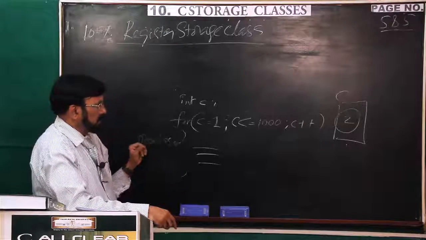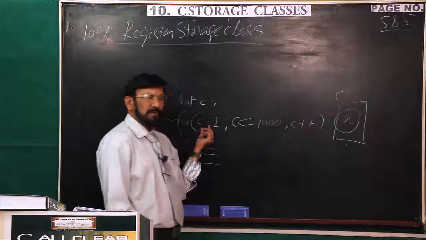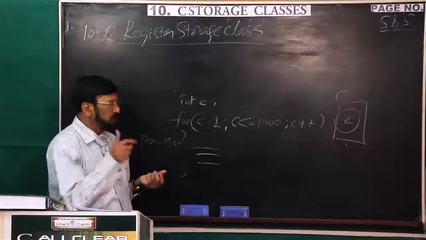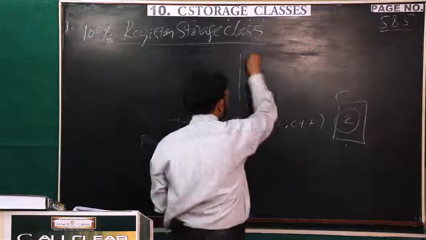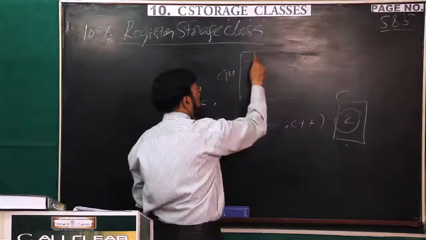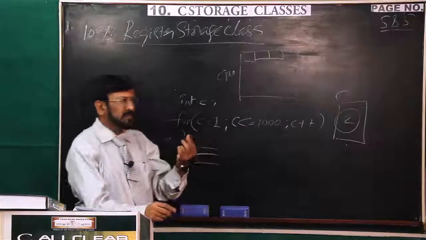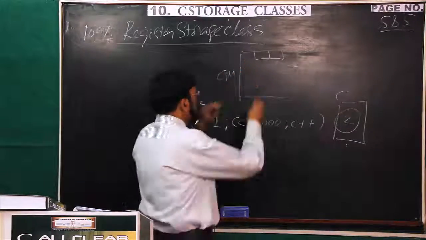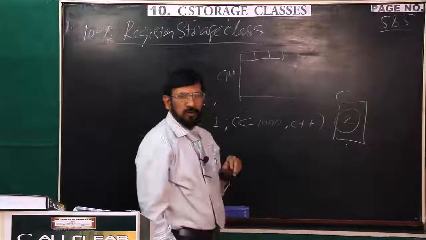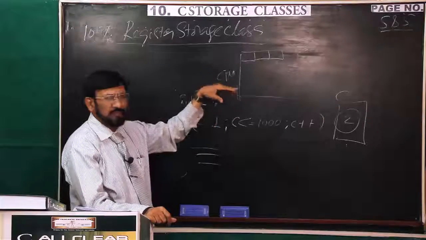In the same manner, the c variable can be stored in the CPU registers only. Already I explained, the CPU maintains certain registers for its internal use. These registers are 16-bit memory locations, small memory pieces for its ad hoc use.